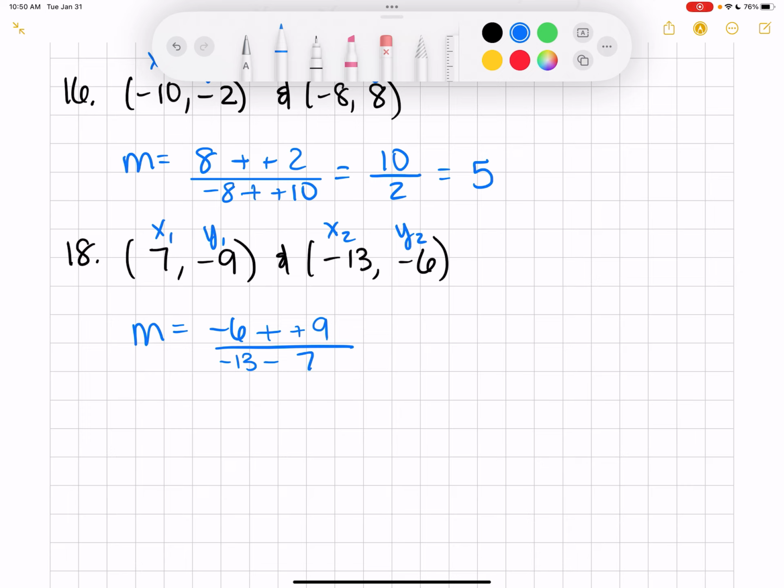So -6 plus 9, or we can flip it and say 9 minus 6 is 3, over -13 minus 7. They have the same sign, so we add the numbers together and keep the sign, so that's going to be -20. I knew it. Dang it. That's my bad, you guys. I knew it too, and I erased it.